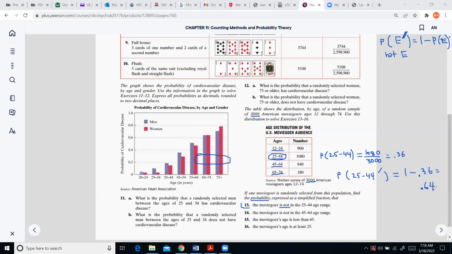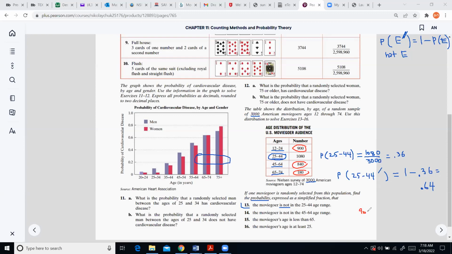You might say, you know what, Alex, I could calculate that differently. And indeed, you could calculate this differently. You could see the number of people that do not belong to this category I circled in red. So you could just see how many people will be remaining and then add them all together and divide the sum by 3,000.